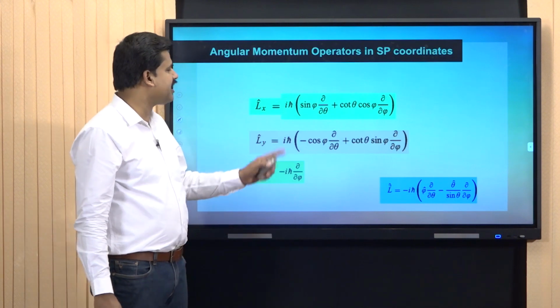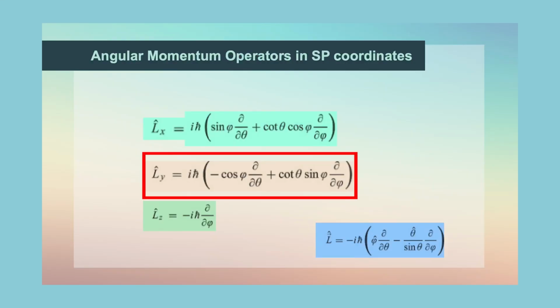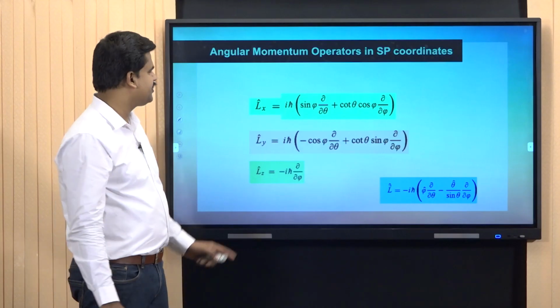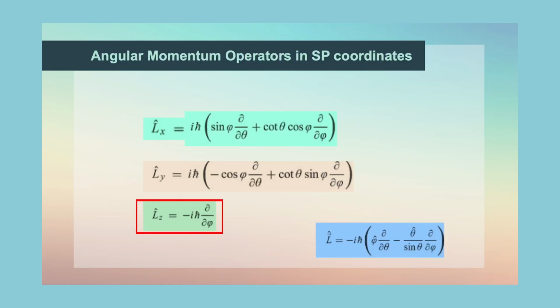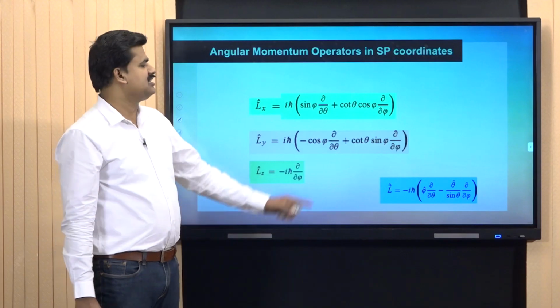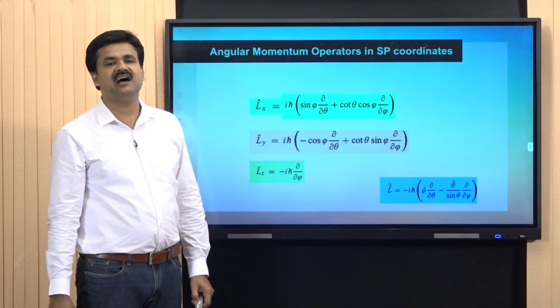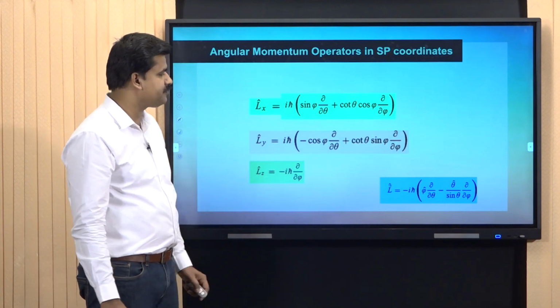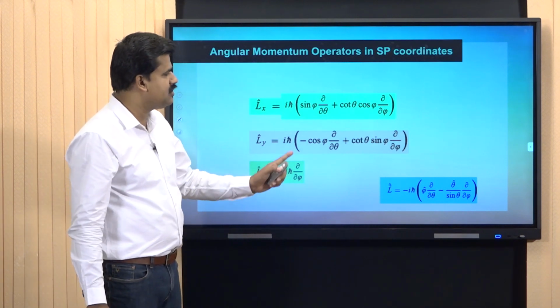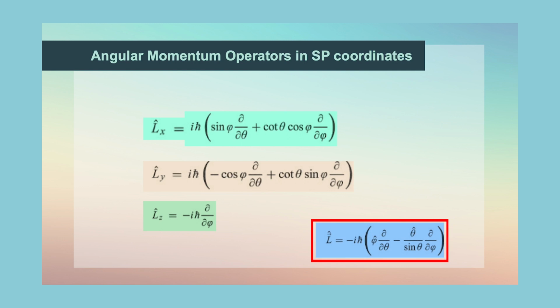Ly hat is equal to iħ [minus cos phi ∂/∂theta plus cot theta sin phi ∂/∂phi]. And finally Lz hat is equal to minus iħ ∂/∂phi. The total angular momentum operator L hat is equal to minus iħ [phi hat ∂/∂theta minus theta hat (1/sin theta) ∂/∂phi].